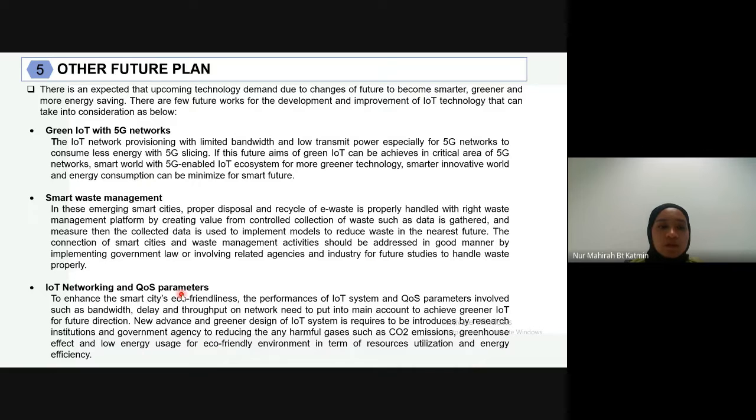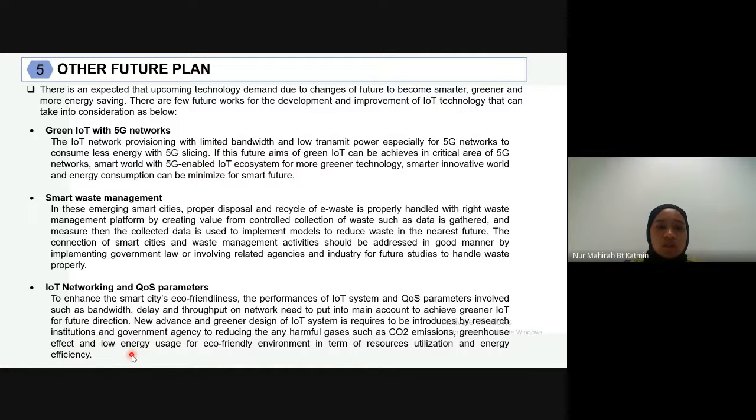The next is IoT network and QoS parameters. This is to enhance smart city eco-friendliness. The performance of an IoT system uses QoS parameters, such as bandwidth, delay, and throughput on the network, which need to be put into main consideration to achieve greener IoT for future direction.